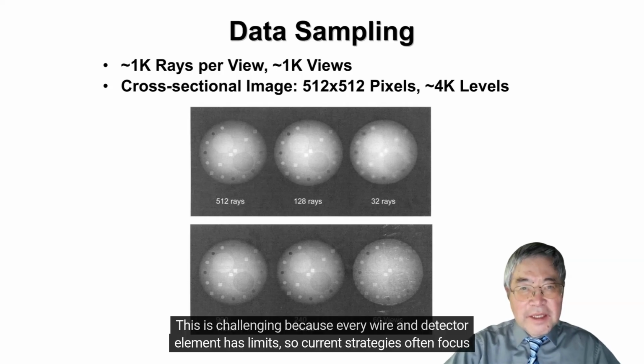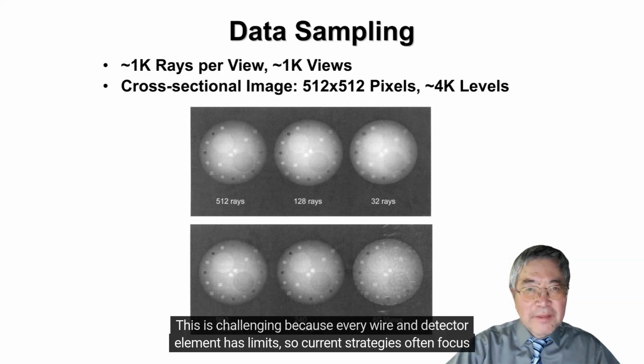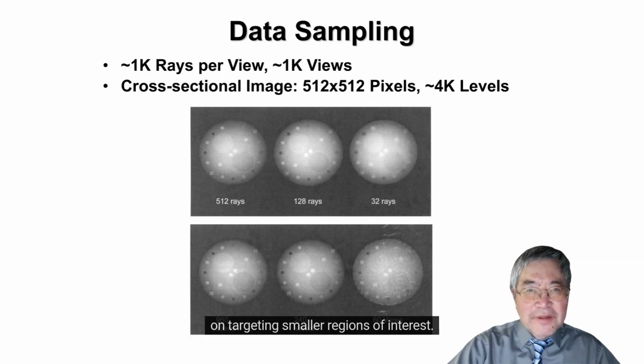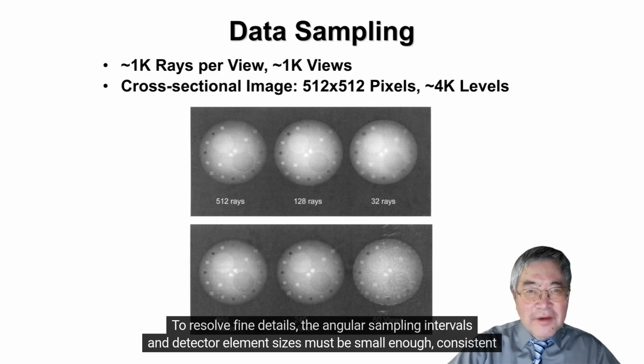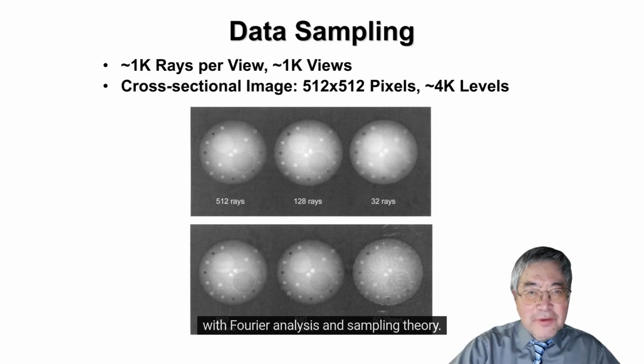This is challenging because every wire and detector element has limits, so current strategies often focus on targeting smaller regions of interest. To resolve fine details, the angular sampling intervals and detector element sizes must be small enough, consistent with Fourier analysis and sampling theory.